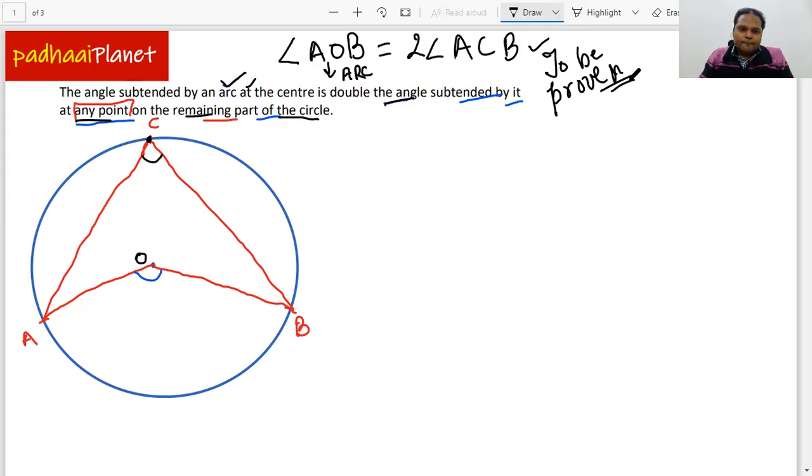Okay. So we'll start with this. And first thing is that we connect O with C, right? So here we've connected this, and this is then extended further.